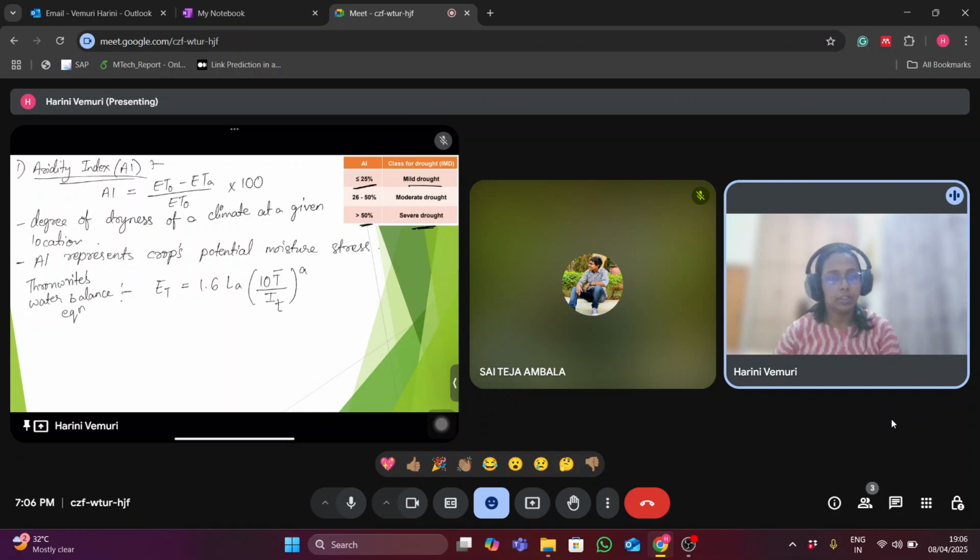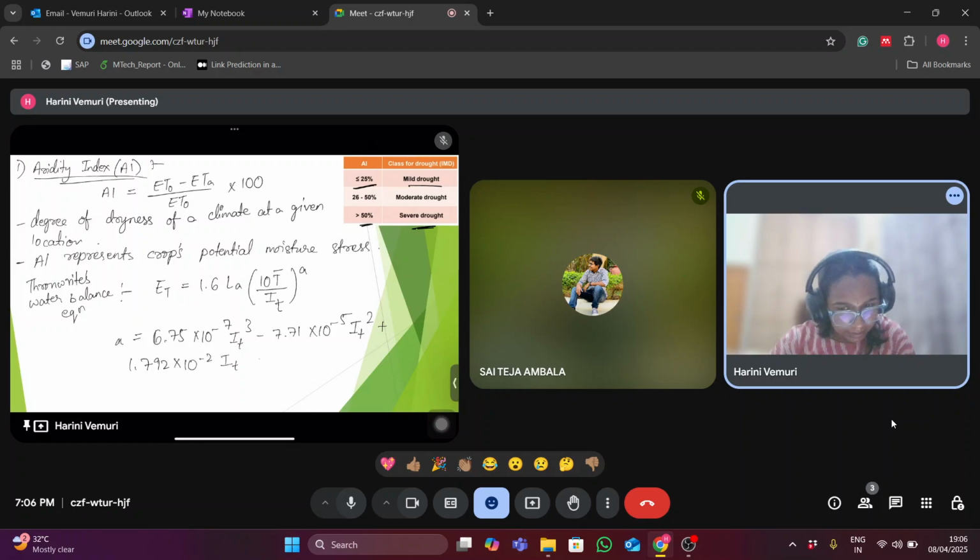A is an empirical constant which is calculated using the formula 6.75 into 10 power minus 7 IT cube minus 7.71 into 10 power minus 5 IT square plus 1.792 into 10 power minus 2 IT plus 0.4939.